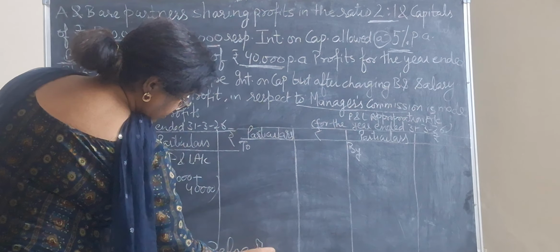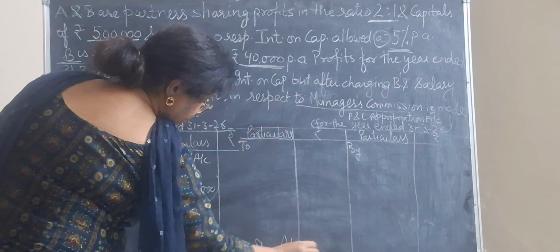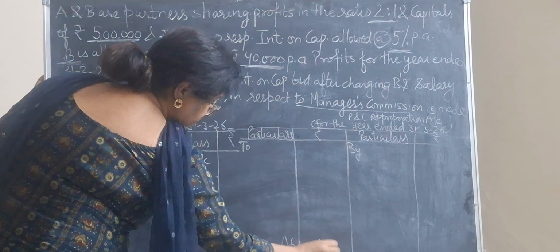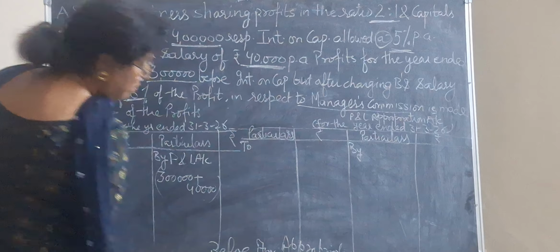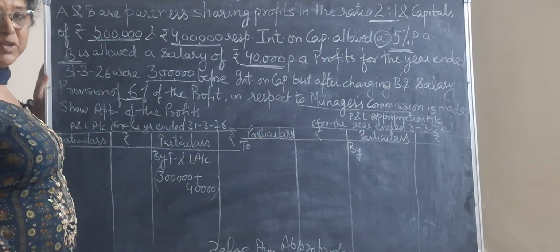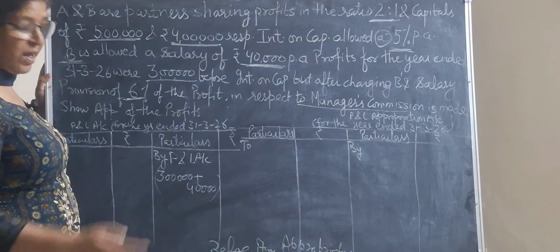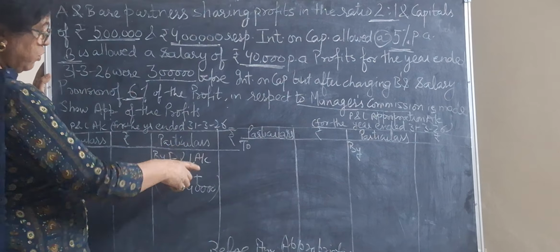What are the appropriations? Salary, interest on capital, commission, profits of the partners, and interest on drawing. These are a part of the appropriation, so we have to add it back.